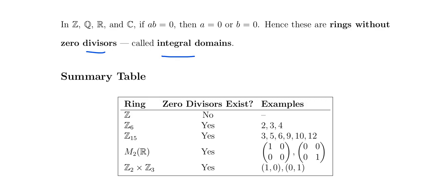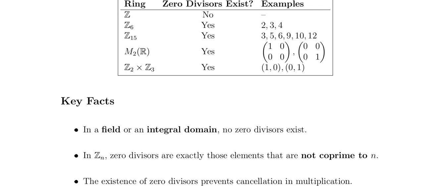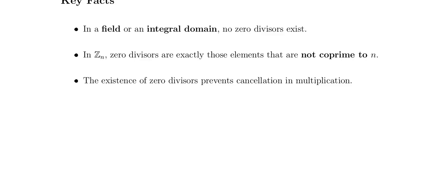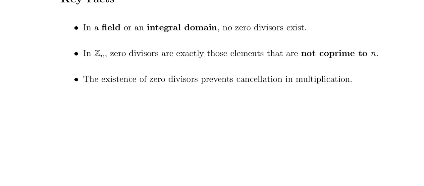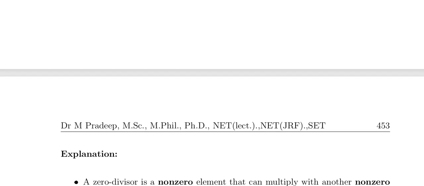We have given examples where zero divisors exist, and in a field or an integral domain no zero divisor exists. In Zn, the zero divisors are exactly those elements that are not co-prime to n. The existence of zero divisors prevents cancellation in multiplication. That is also a very important point.